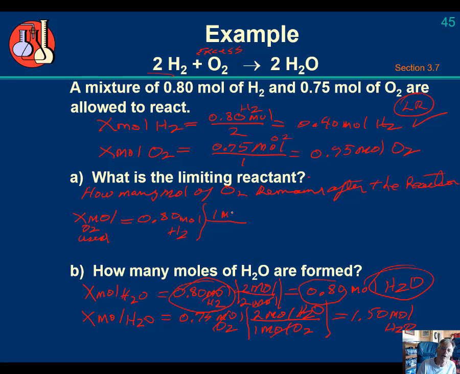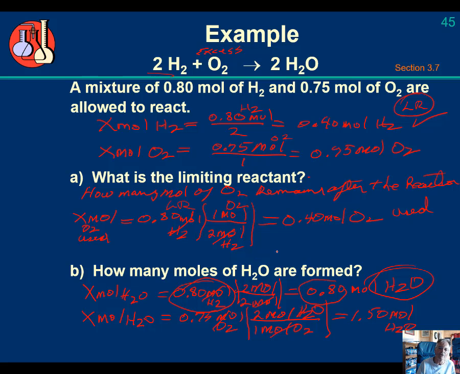So I have 1 mole of O2 and 2 moles of H2. Okay? So here we go. 0.8 moles of H2, by the way, moles of H2 will cancel. So this will be 0.8 times 1 divided by 2. So I'm going to use 0.40 moles of O2. This is how much I used to completely consume my limiting reactant, which is H2.